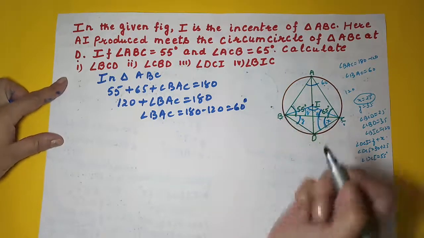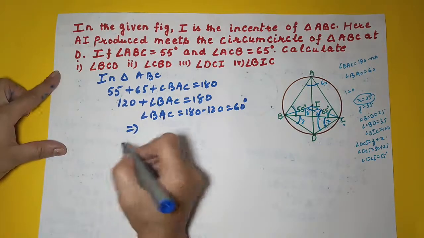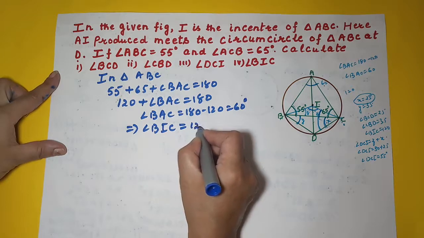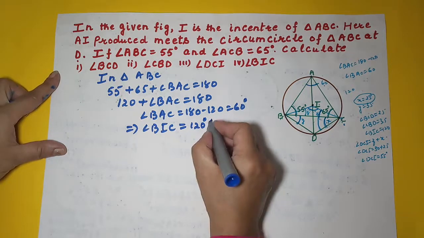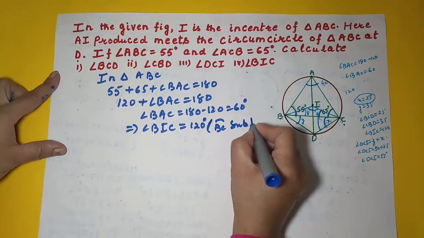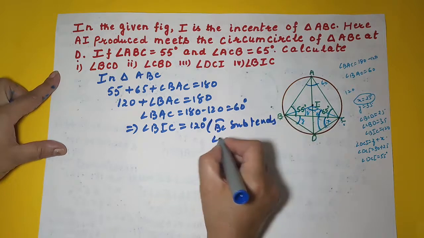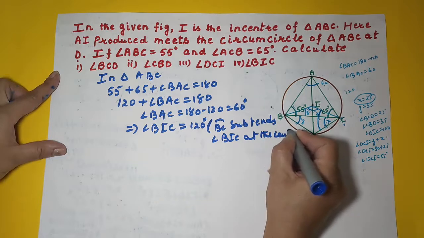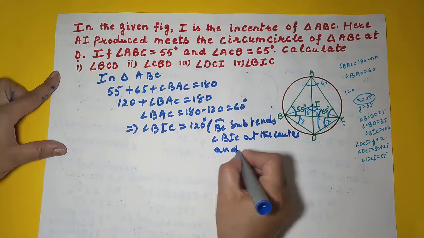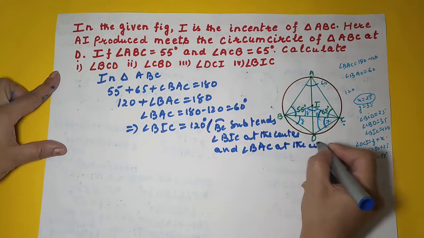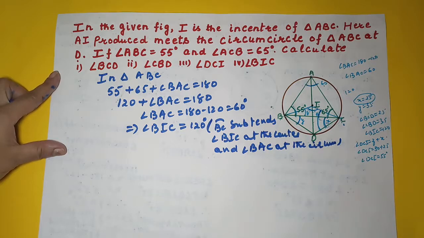Does that mean angle BIC will be 120? Why? Because arc BC subtends angle BIC at the center and angle BAC at the circumference, and I know the theorem for that. So I got this angle now.